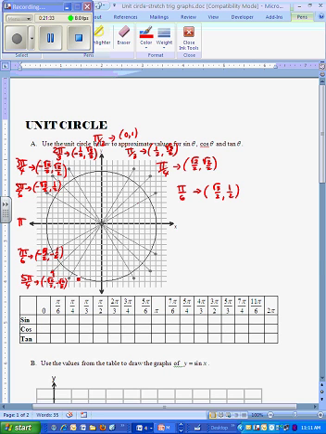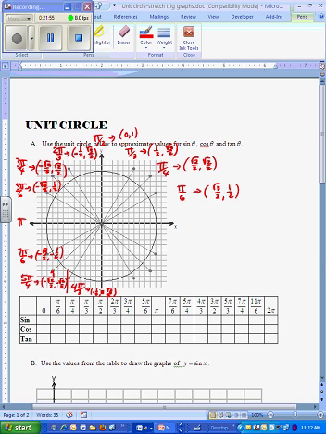So this one here. And then this one here would be, I'm getting up to 3 pi over 2, so it's 7 pi over 6. 8 pi over 6 becomes 4 pi over 3, which is negative 1/2, negative square root of 3 over 2.